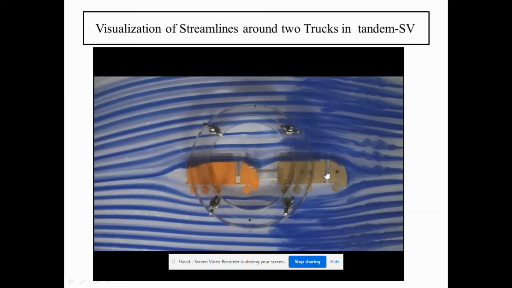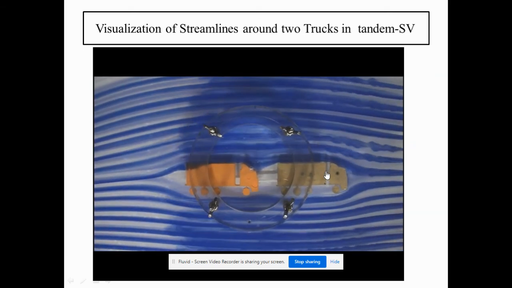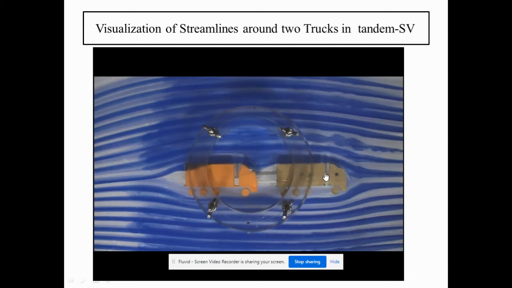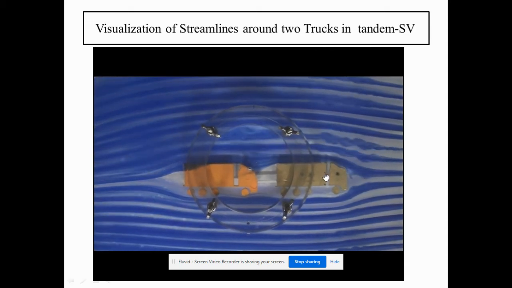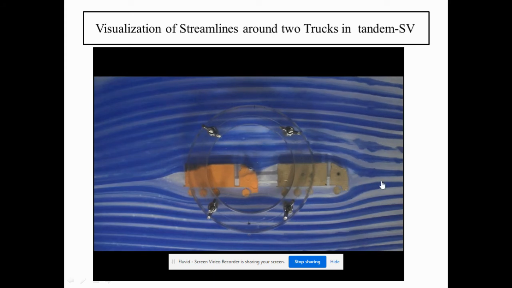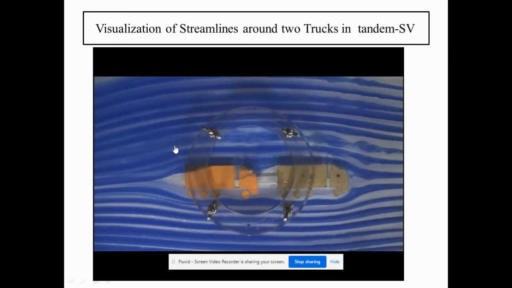So more dye is passed to understand what happened. This gives you a clear picture that flow is not coming back into this space between the cabin and the trailer. And you can see that the flow going behind the trailer vehicle leaves it smoothly, since it's a low Reynolds number.